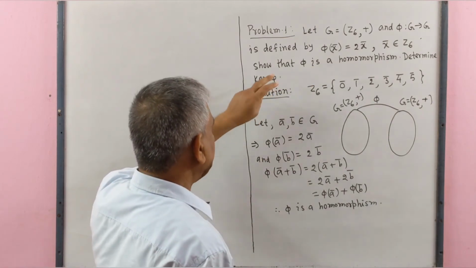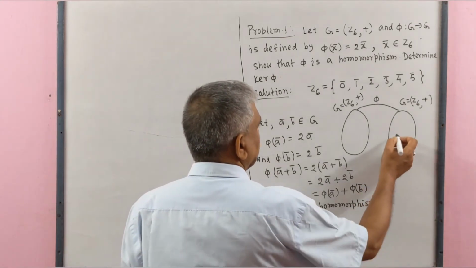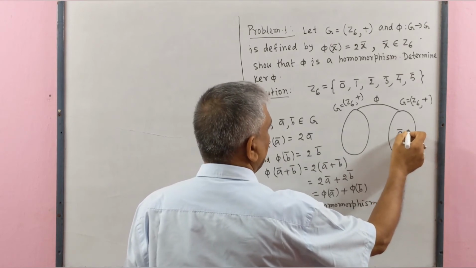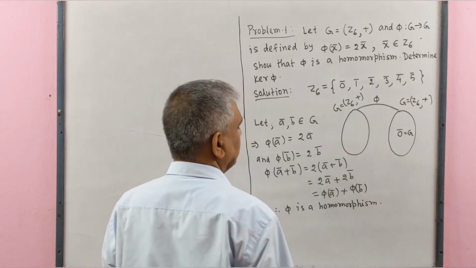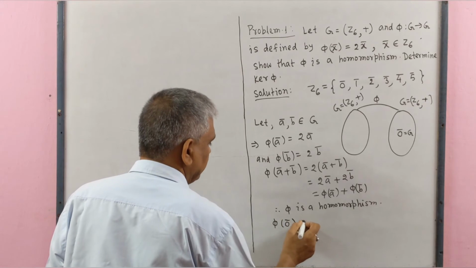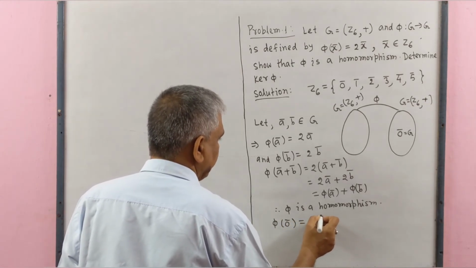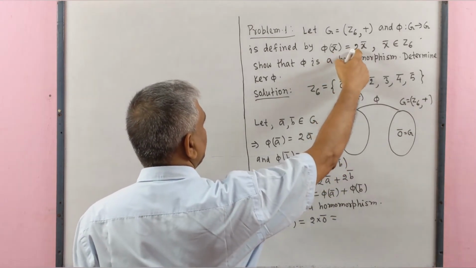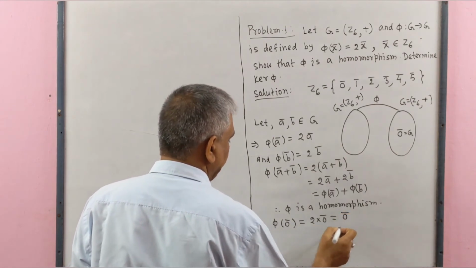Now we prove the second part. Since 0 bar is the identity element of this group G, meaning the codomain, phi of 0 bar equals 2 multiplied by 0 bar. Here phi x bar equals 2 multiplied by x bar, and this equals 0 bar.